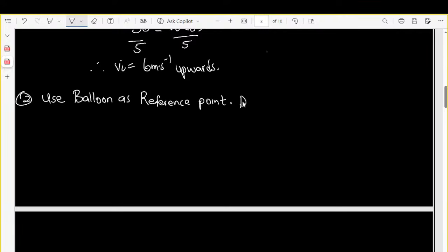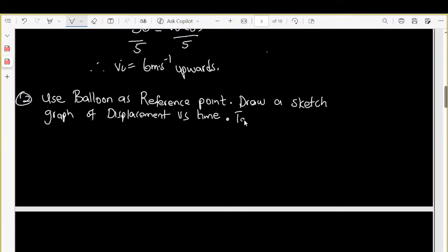They want you to draw a sketch graph of displacement versus time, and then they give the instruction to take up as positive. I know I haven't explained the graph of motion, but I'll definitely explain once I'm answering this.